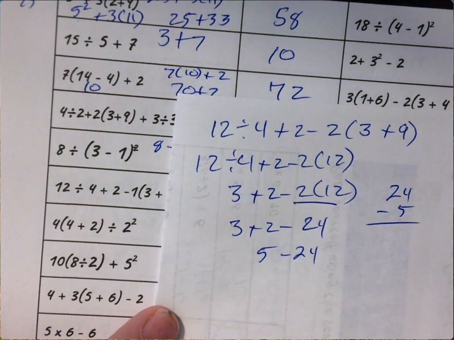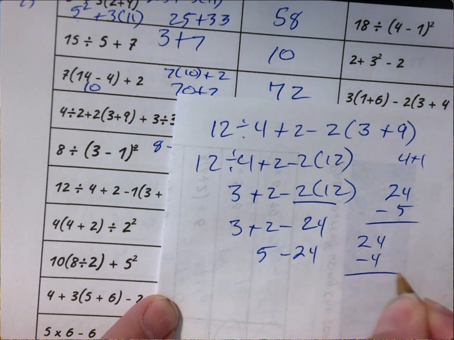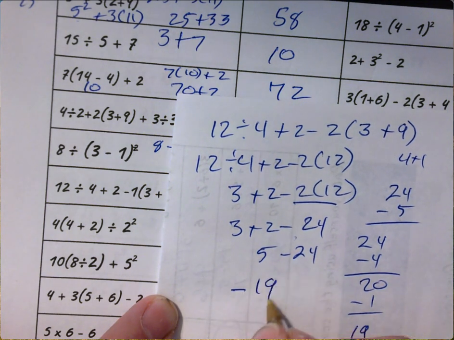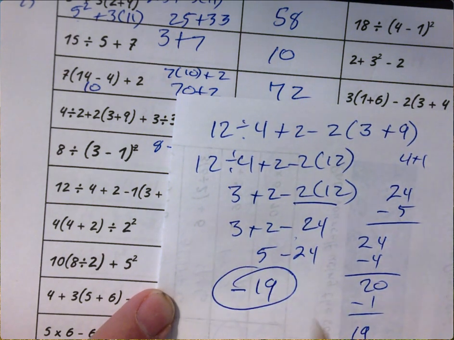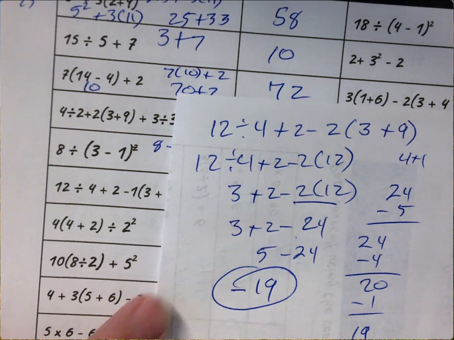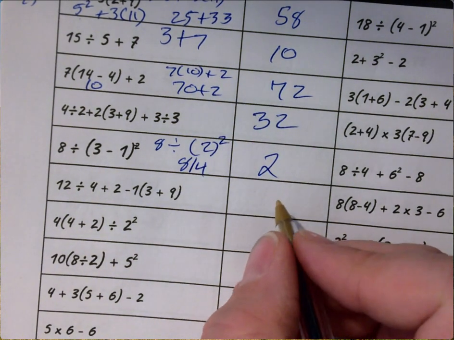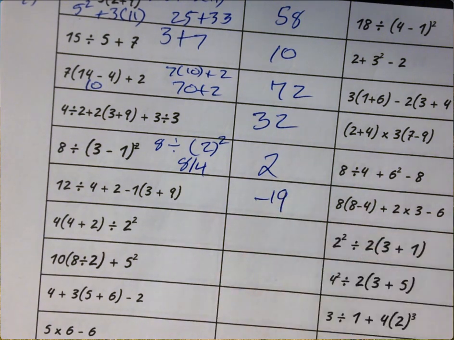Some people struggle with this kind, so 5 is the same thing as 4 plus 1, so you can do 24 minus 4, which is 20. 20 minus 1 is 19. So the answer here is negative 19, and it's negative 19 because you're doing 5 minus a bigger number. That bigger number is a bigger negative number, so that's how and why we got the negative there. It's okay to get negative numbers because they exist. They might be scary in the real world, but they exist.